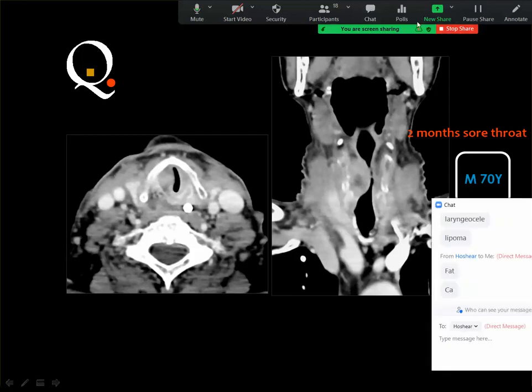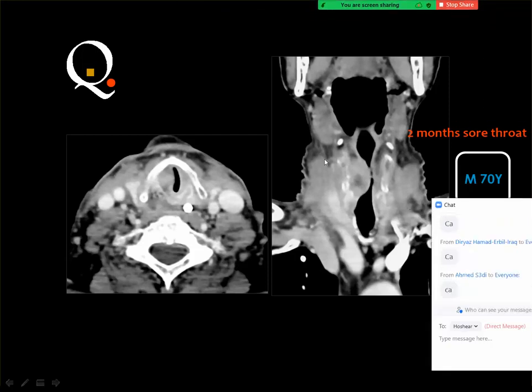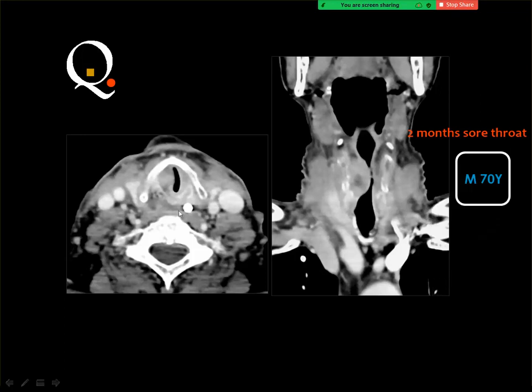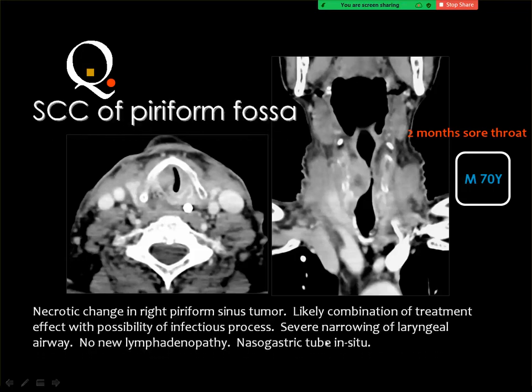Then this is laryngeal carcinoma. The most common tumor of the larynx is laryngeal carcinoma, and it infiltrates both levels, the glottic, and also extends somewhat supraglottic and infraglottic as well. This is laryngeal carcinoma.